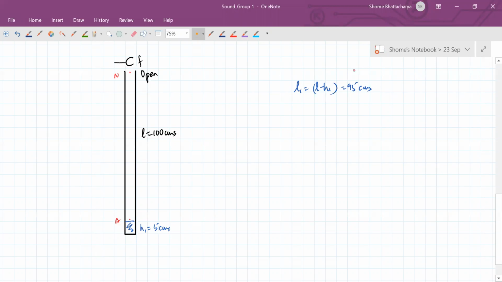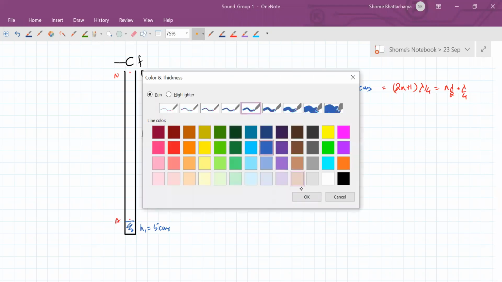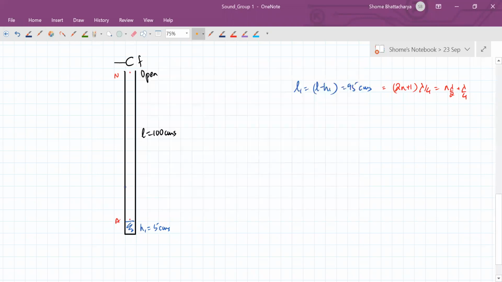So we can say that 95 centimeters is some odd multiple of lambda by 4, or it is n lambda by 2 plus lambda by 4, like this. Okay. Now the second resonance, when it occurs, by then the level of water is increased to 24 centimeters. Okay.